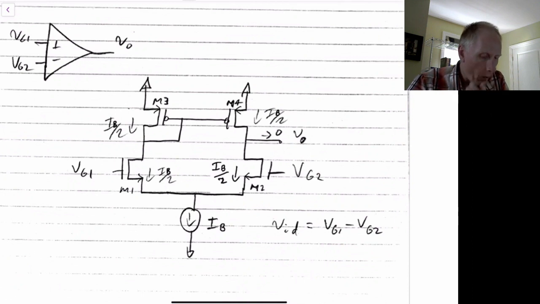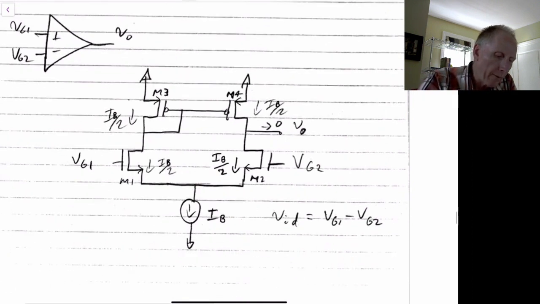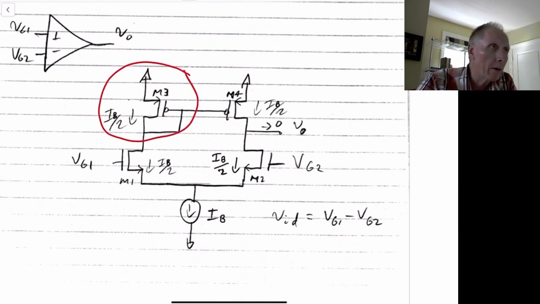So in this case, we have a current mirror at the top that converts the current going through this path and mirrors it to this path over here. And we have a single output Vout at this node. So this becomes a differential to single-ended amplifier.